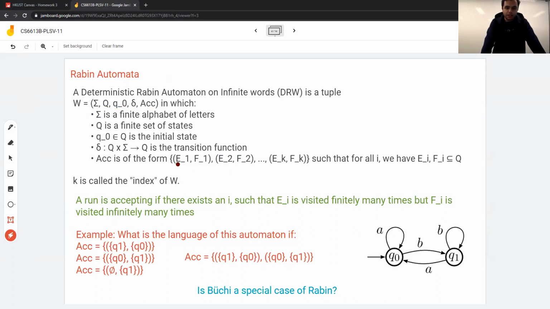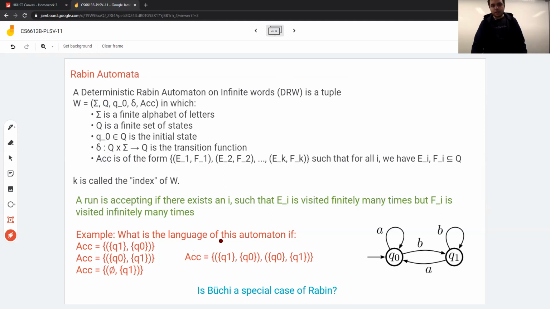So my accepting condition is E1, F1, E2, F2 until EK, FK. Each one of these is a subset of my set of states Q. So E1 is a subset of Q, F1 is a subset of Q, and so on. So we have K pairs of subsets of our states, and these are the representation of our acceptance condition. We usually say this is an automaton of index K, meaning that we have K different pairs.